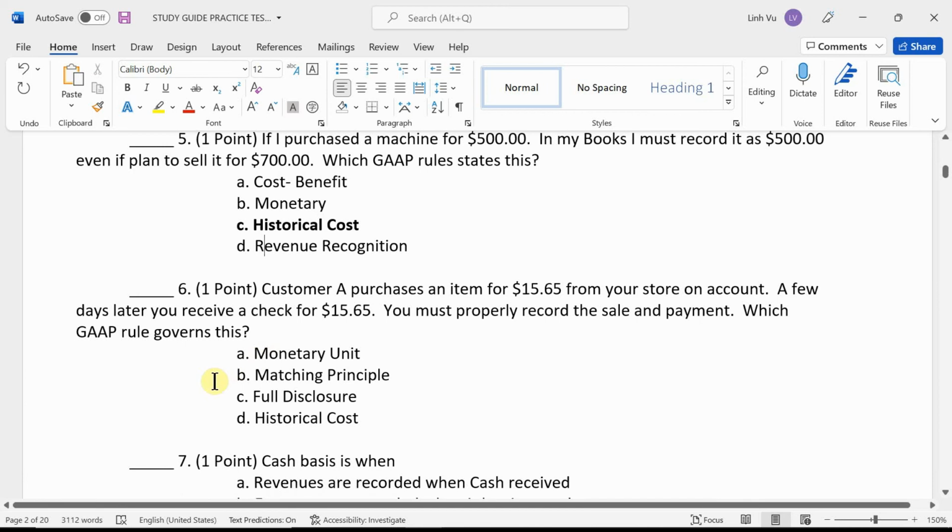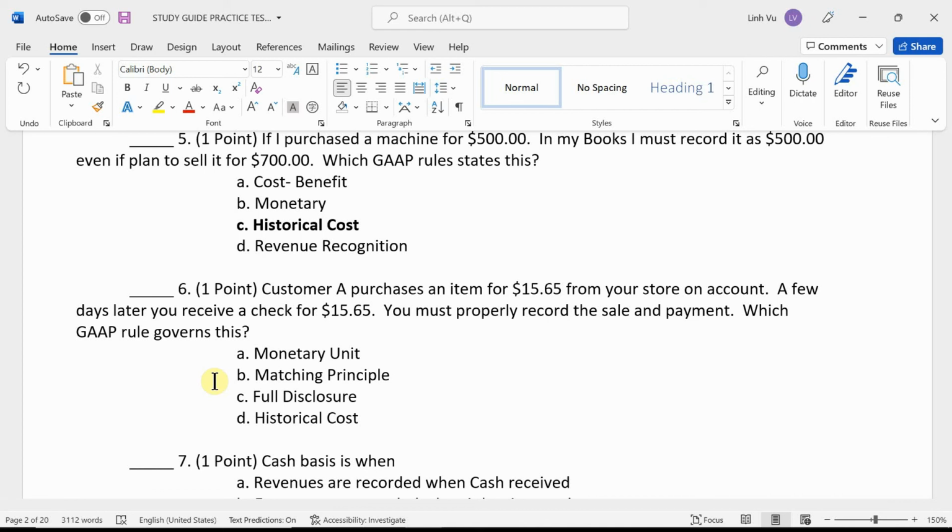You need to know how to be able to apply them as well. Another one here: customer A purchases an item for $15.65 from your store on account. A few days later, you receive a check for $15.65.